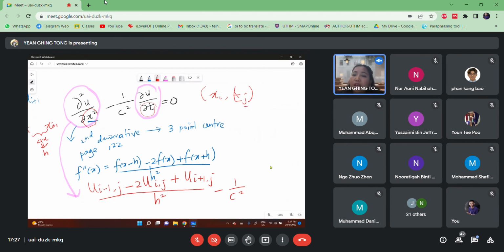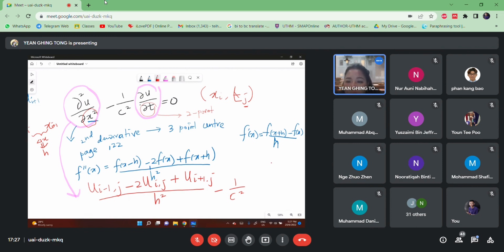That means j is what will change. So if we look here, this is the first derivative, not second anymore. For the first derivative you can refer to the 2-point forward. The 2-point forward looks like this: f of x plus h minus f of x, divided by h. So here h, sorry. So here I will change to finite difference form like this.